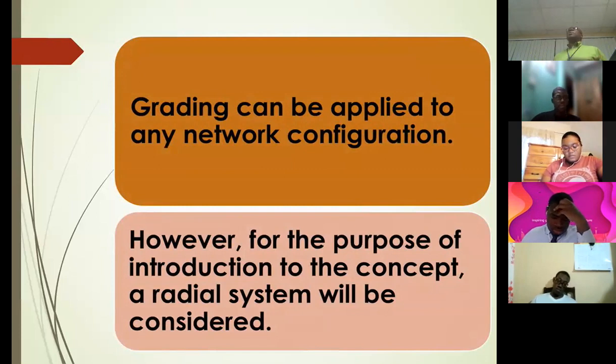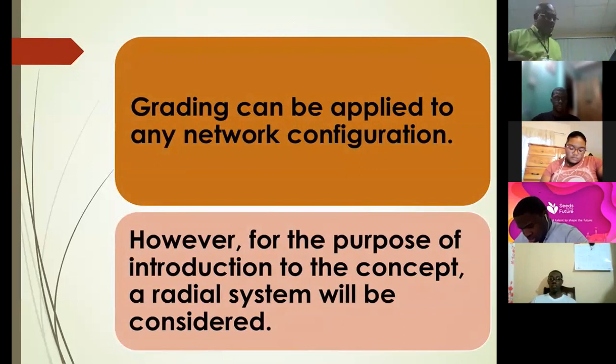Of course, as the configuration changes, the task of grading becomes a little more difficult. When you reach utility, they will go through their steps in terms of grading. But for now, I'm going to just introduce you to a very simple system, a simple radial system.